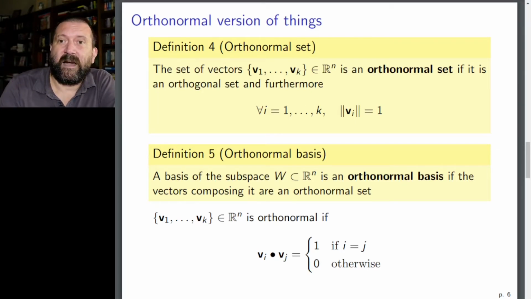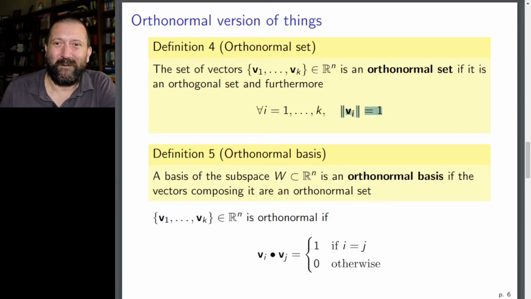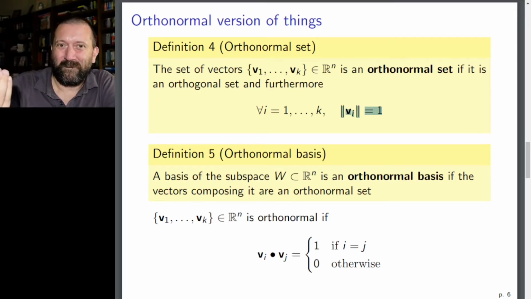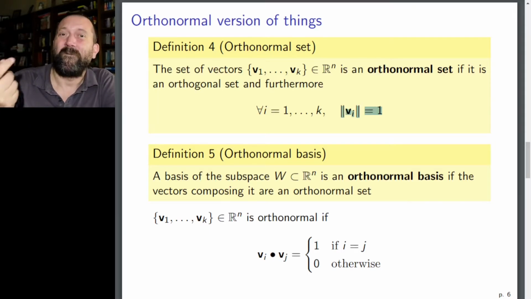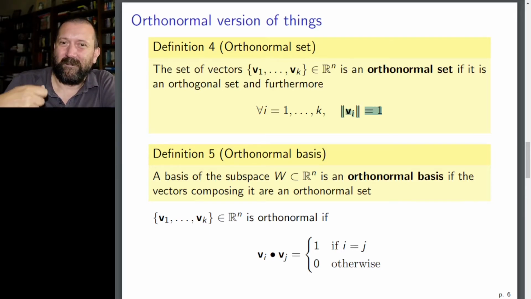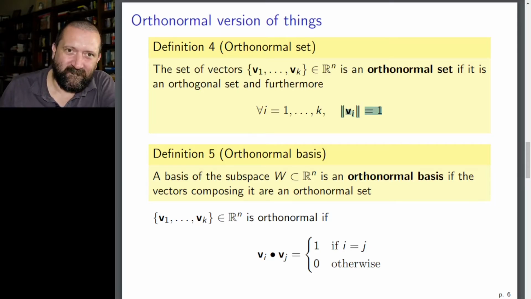So if I have an orthogonal set and each vector has norm 1, then what I have is an orthonormal set. It's very easy to get them mixed up. And in the same way, a basis that's constituted of orthonormal vectors is an orthonormal basis.